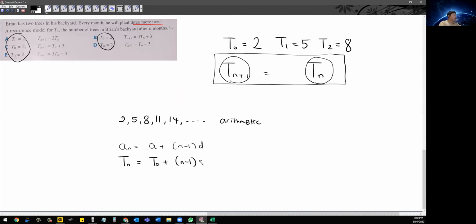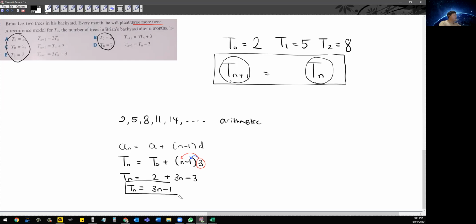D is 3, I think. You're planting 3 more trees, right? So of course there are 2 trees. And then this is 3n minus 3. So if you multiply that by that, then it's 3n. If you multiply that by that, then it's negative 3, right? So that turns into 3n minus 1.